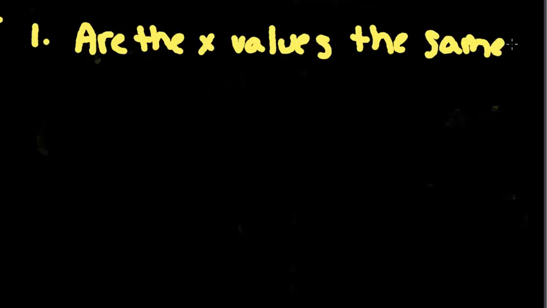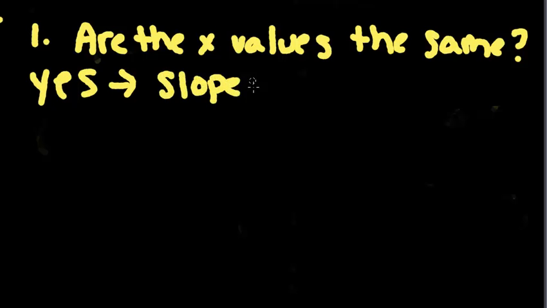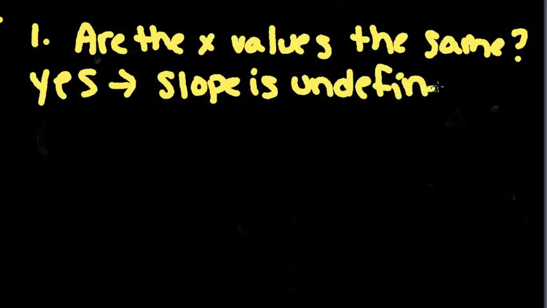If the x values are the same, then you get to stop right there and go to a shortcut. If the answer is yes, then your slope is undefined. You just write undefined and you're done, or use it in the rest of your problem as an undefined slope.